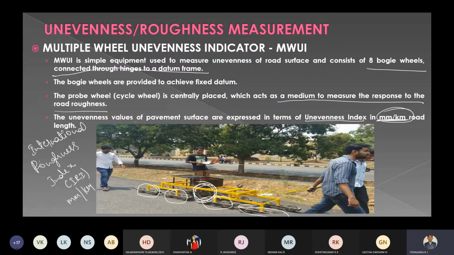So 8 bogie wheels will be placed, attached to a datum frame, and when there is an undulation in the road surface it will record the reading. There will be a central cycle wheel acting as a medium to measure the readings, and the readings you get will be expressed as unevenness in millimeter per kilometer.